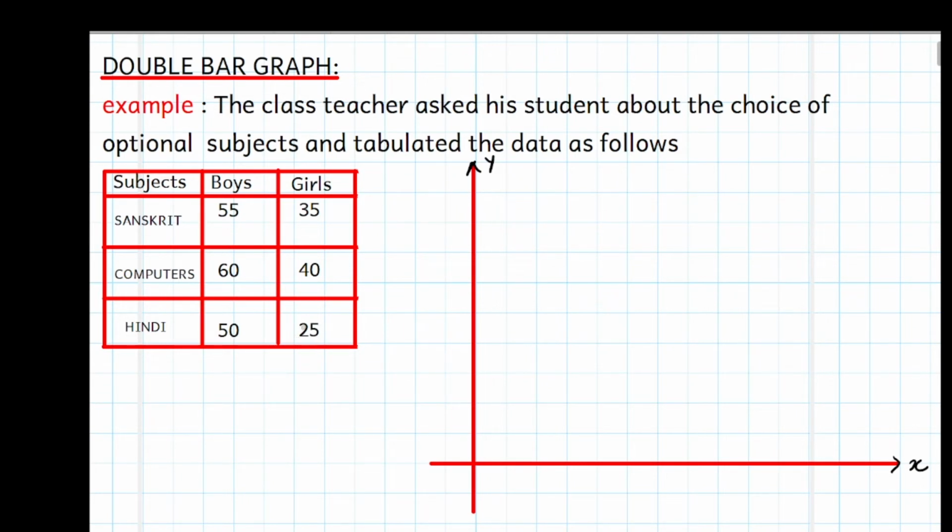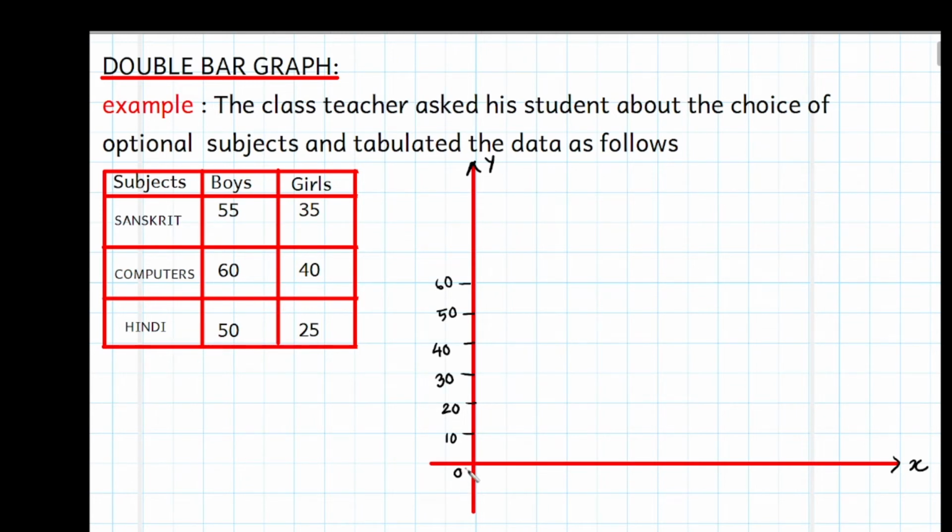The lowest is 25 and highest is 60. So we can write again 0, 10, 20, 30, 40, 50, 60.